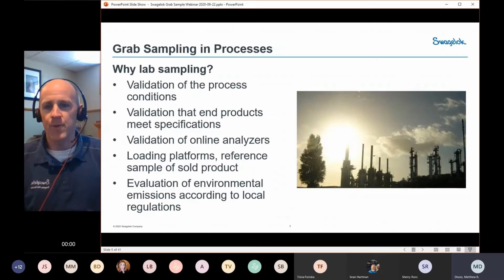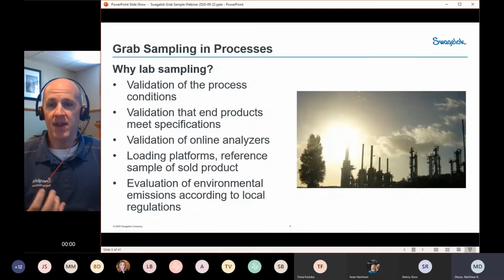And of course, environmental regulations. Those tend to get implemented and not retracted very much. So as we go further and further, generally those regulations increase more and more, and so we need to be able to take samples. One, we take samples from our flue gases to make sure that we're not releasing anything detrimental to the environment from our facility.